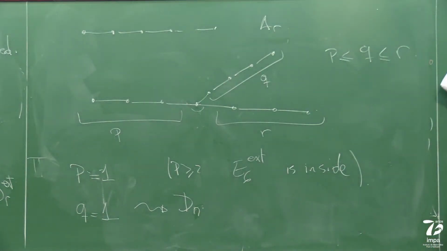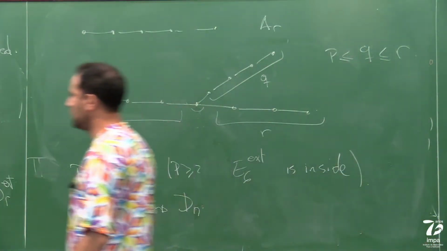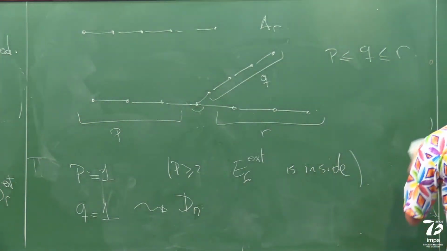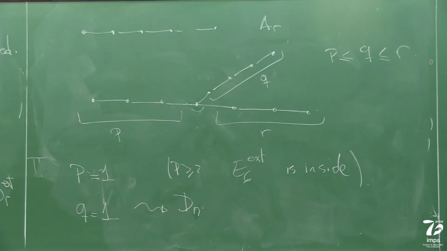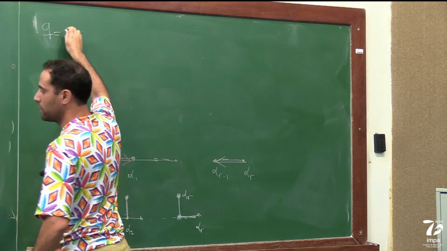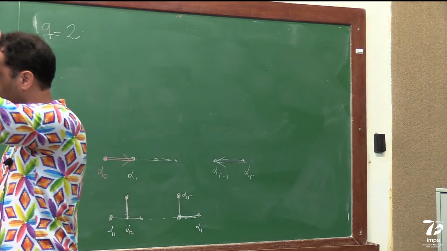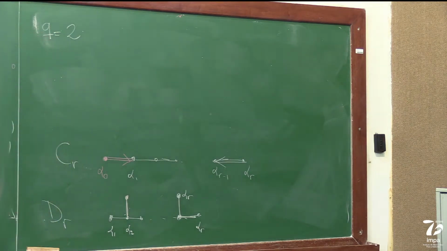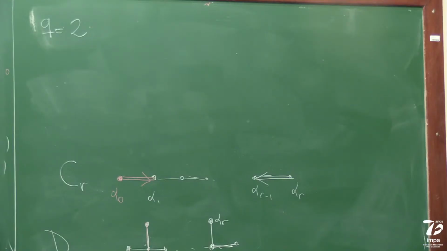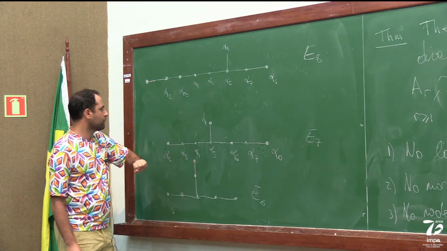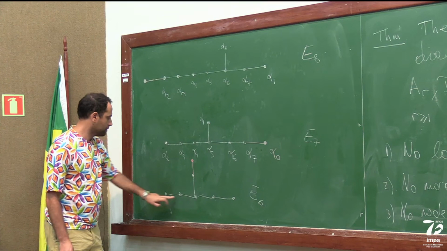So if Q is equal to 2, then here we are in a situation where P is equal to 1, and the next one has 2.